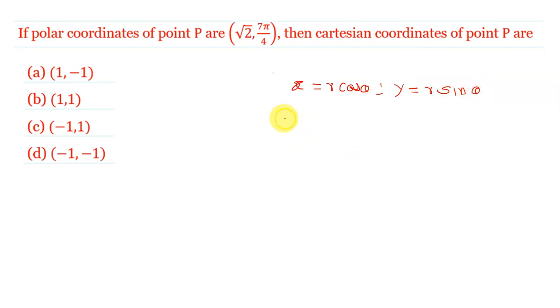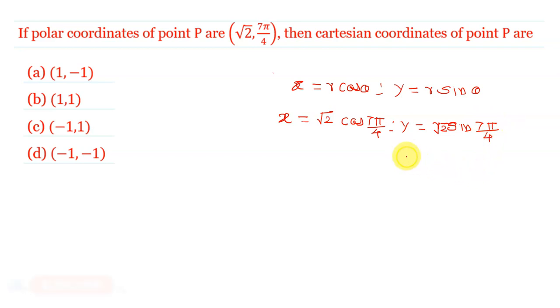Therefore, x is equal to r, which is root 2, cos of 7 pi by 4, and y is equal to r, here root 2, sin of 7 pi by 4.